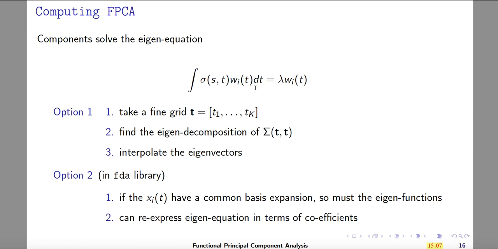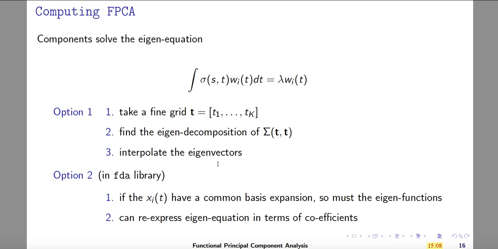One option is that you can take a fine grid from t1 to tk, evaluate sigma s of t on this fine grid, and find a k by k covariance matrix. Then you can do the eigen decomposition, find the eigenvectors, and then do smoothing on the eigenvectors. This is the first approach. Generally we don't use this approach, so we often use option 2.